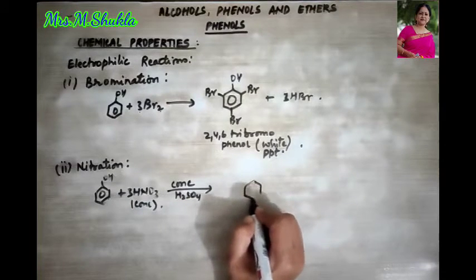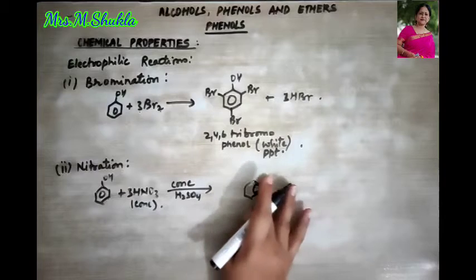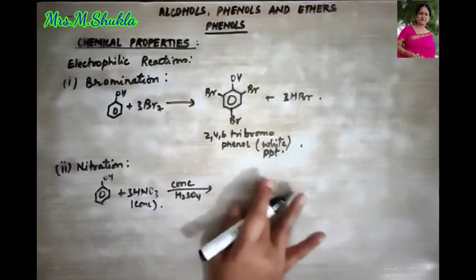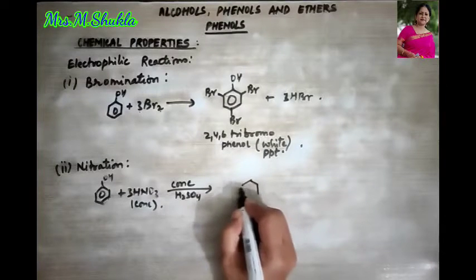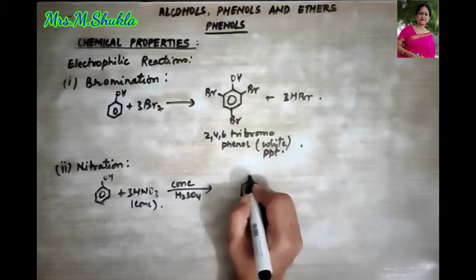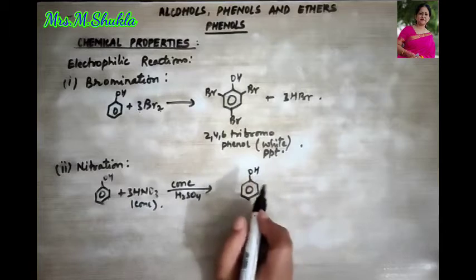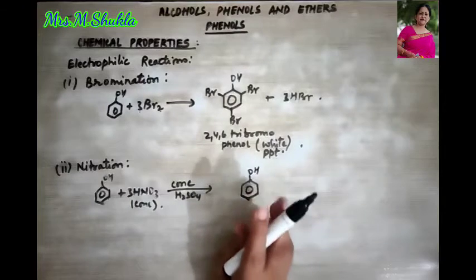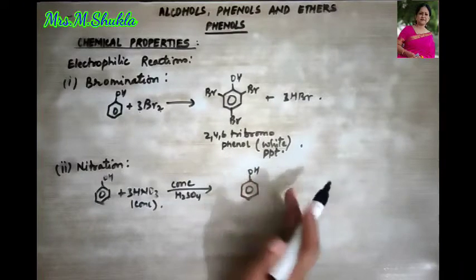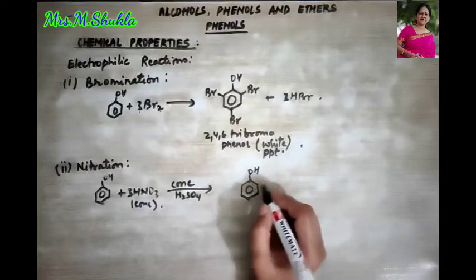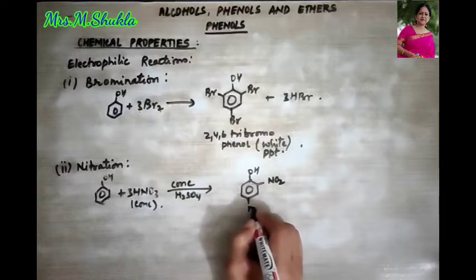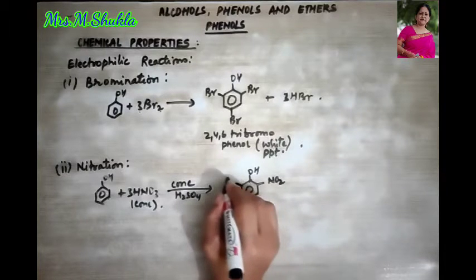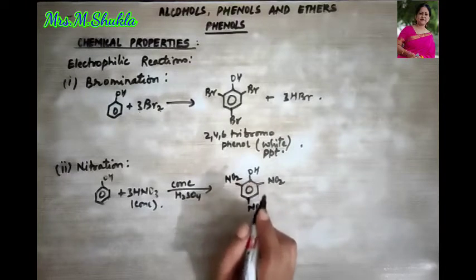Once again, let me draw the structure, OH, and now 2,4,6-trinitrophenol is actually your picric acid. 2,4,6.